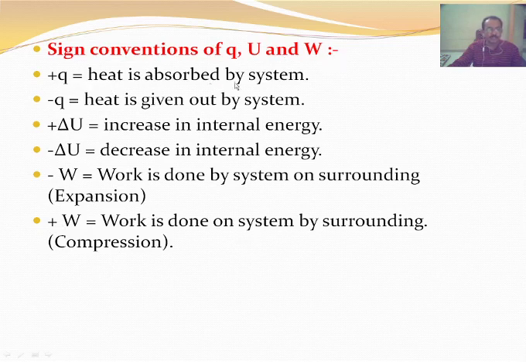Plus Q is heat absorbed by the system, minus Q is heat given out by the system, plus delta U is increase in internal energy, minus delta U is decrease in internal energy, minus W is work done by the system on the surrounding, that is expansion, and plus W is work done on the system by the surrounding, that is compression.